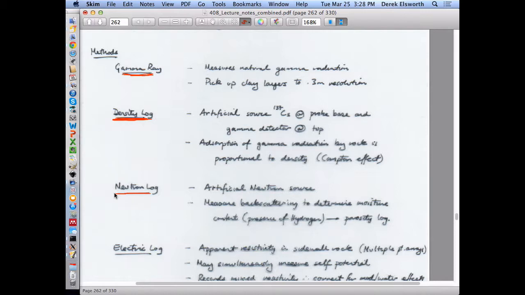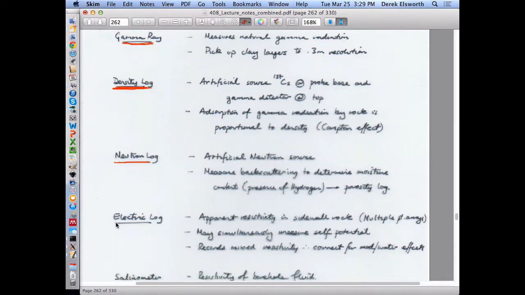If you've ever been involved in any construction work and needed to measure the moisture content of soils that you may be compacting with a tool, then you can take an instrument that has a neutron source in it. It measures the backscattering off the hydrogen atoms to figure out how much hydrogen is in there. Hydrogen is water, and it gives you a calibrated reading of moisture content. So a neutron log can also be used downhole.